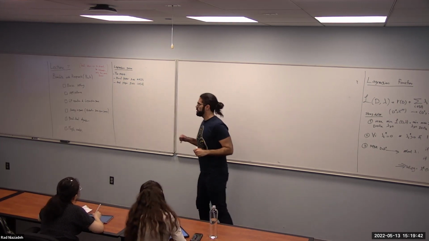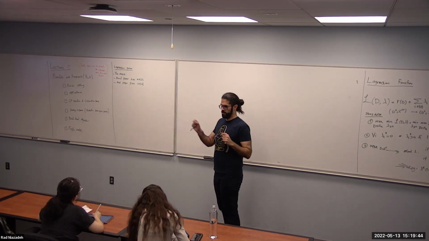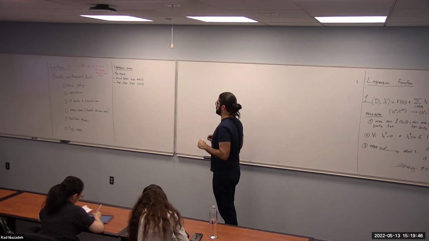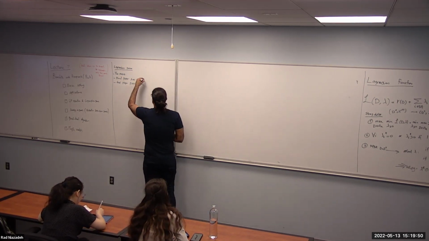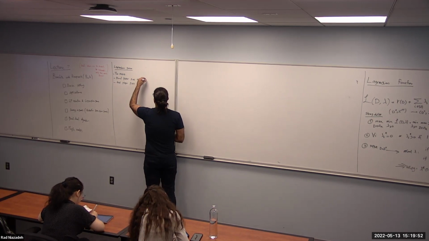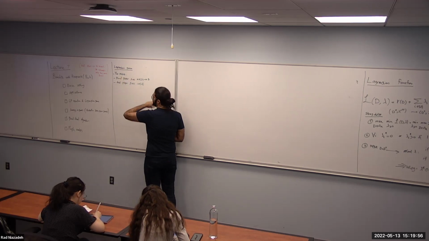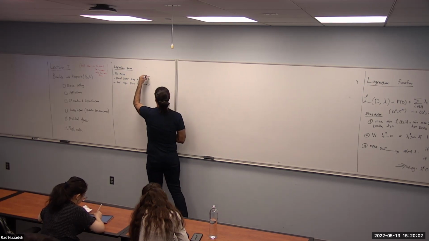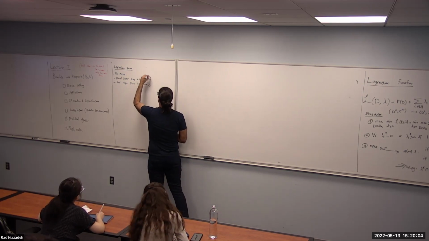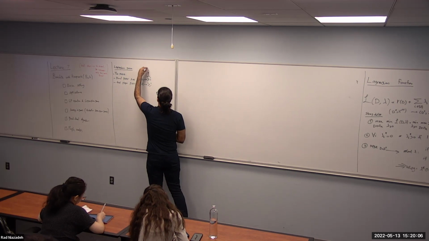They can randomize, so that means the primal player can pick a distribution over arms and the dual player can pick a distribution over resources. So if they go with mixed strategies, I'm going to use D as the mixed strategy of the primal player. I'm going to use lambda as the mixed strategy of the dual player. So these are mixed strategies.